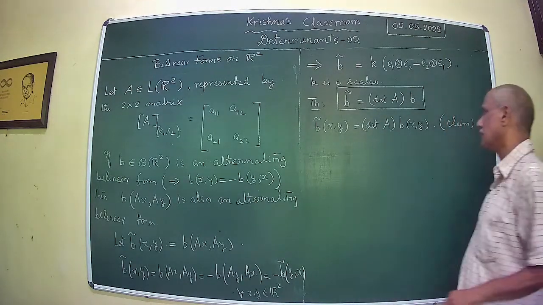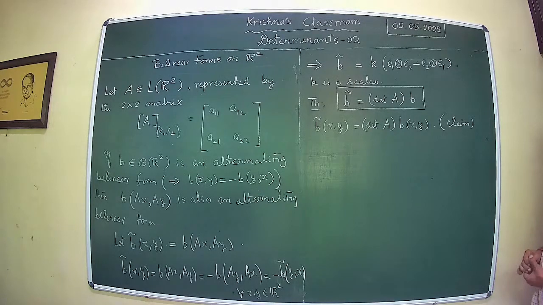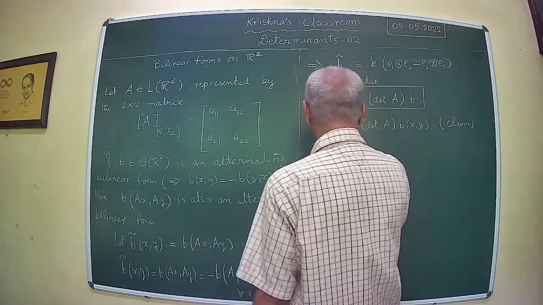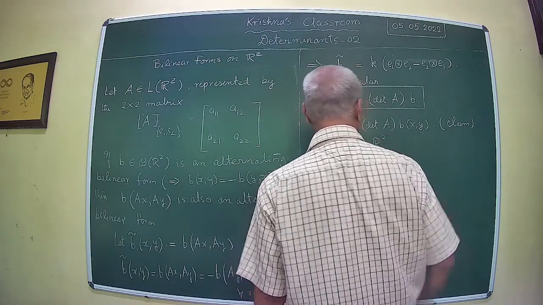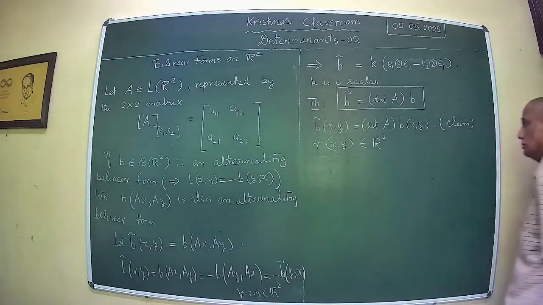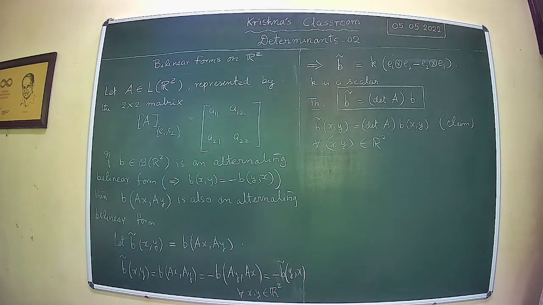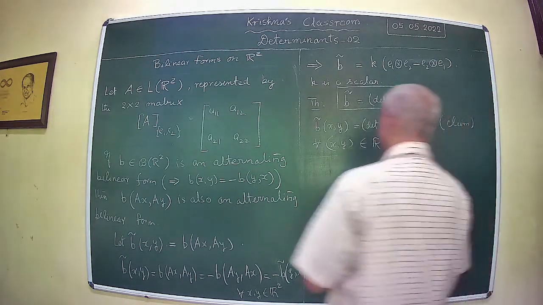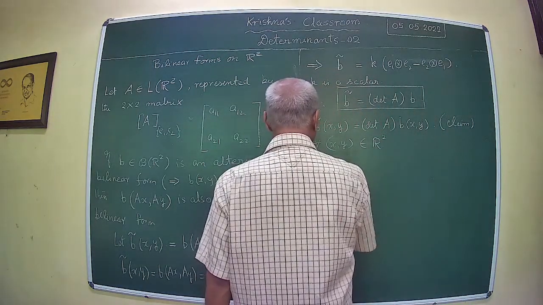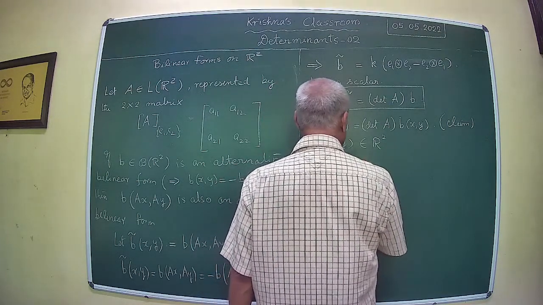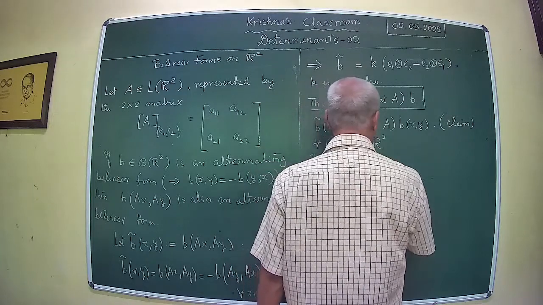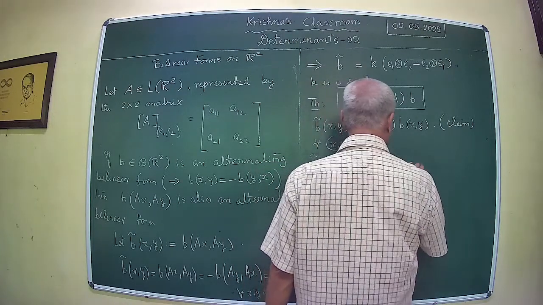It's enough to prove this for every, so B tilde is equal to u.